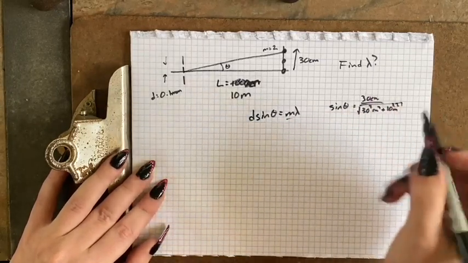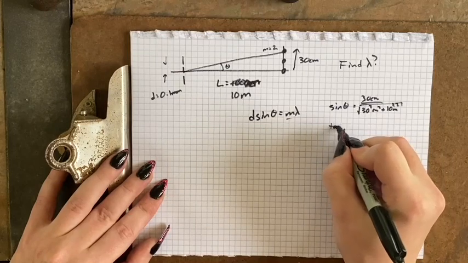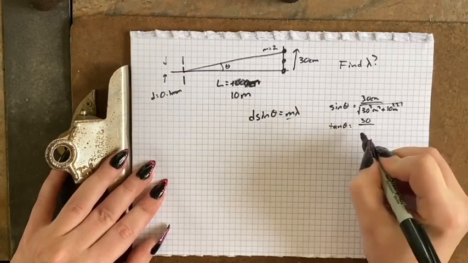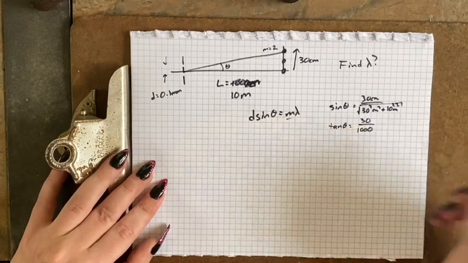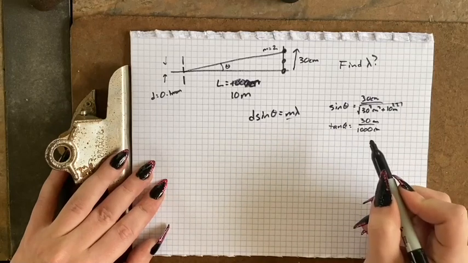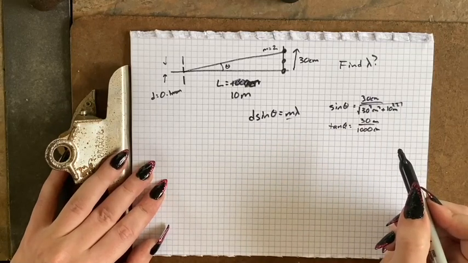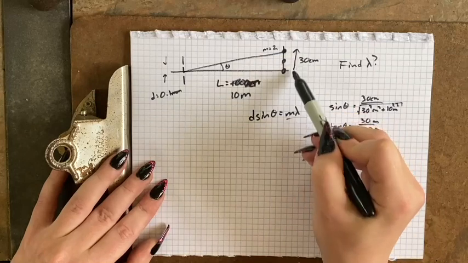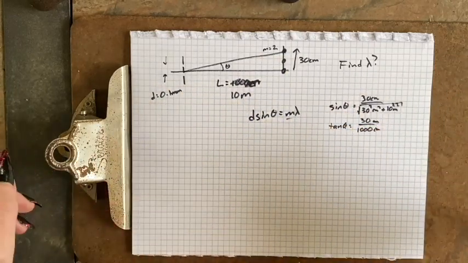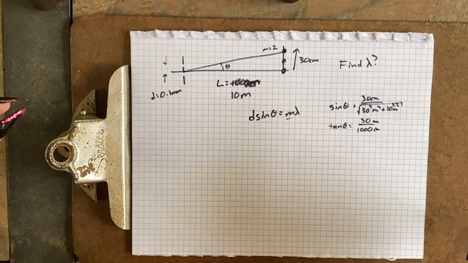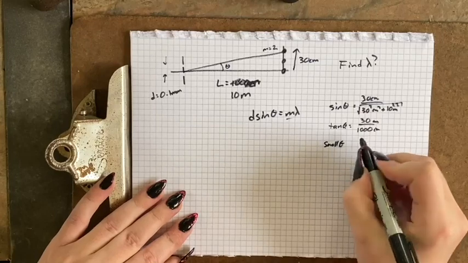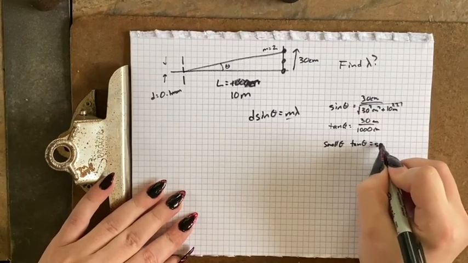We could be a little bit more clever and find the angle first: tangent is opposite over adjacent, and these centimeters cancel. That might be a little less painful. And if we really wanted to be clever, we can say 0.3 meters on top, but 10 on the side. That's going to be a really long triangle with a very thin height. That to me looks like a small angle, so tan equals sine.